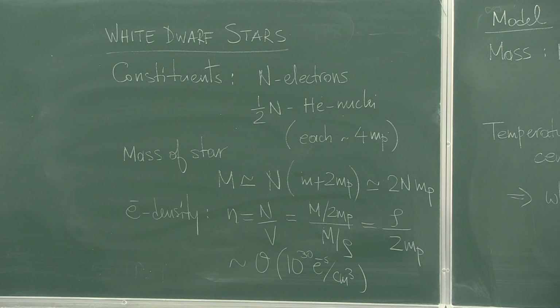Okay, is it at 0 or at very high temperatures? What do you expect? Very high temperatures, the center of the star. It will turn out to be low temperatures. Let's see how we are going to decide.